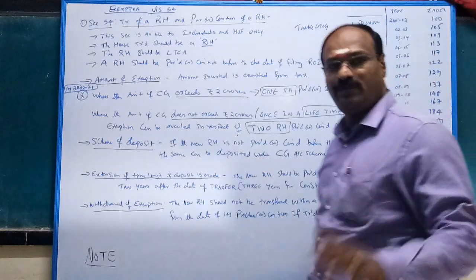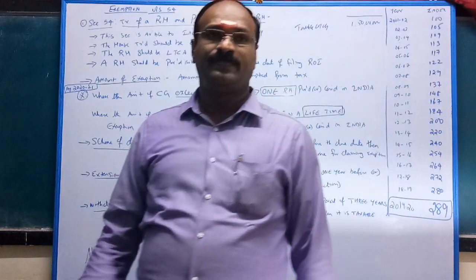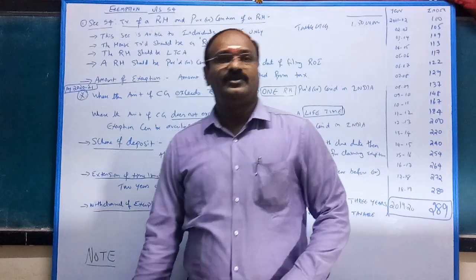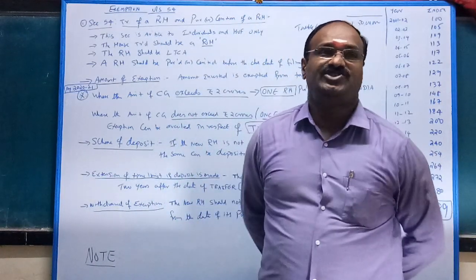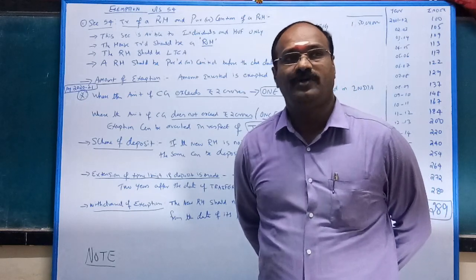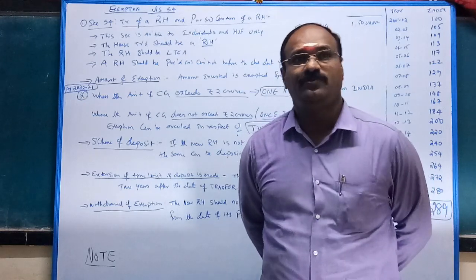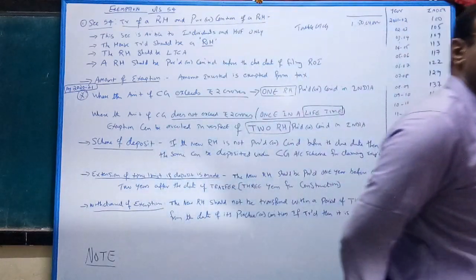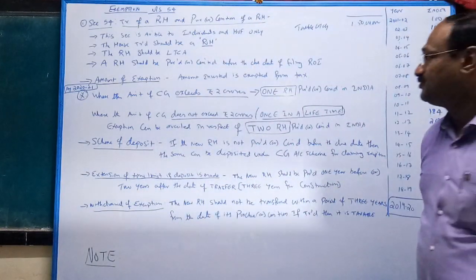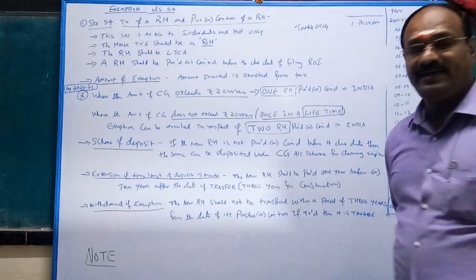For that, how much tax are you going to pay? You know very well, long-term capital gain 20% tax rate. So 1.5 crores into 20%, you have to pay 30 lakhs plus cess.